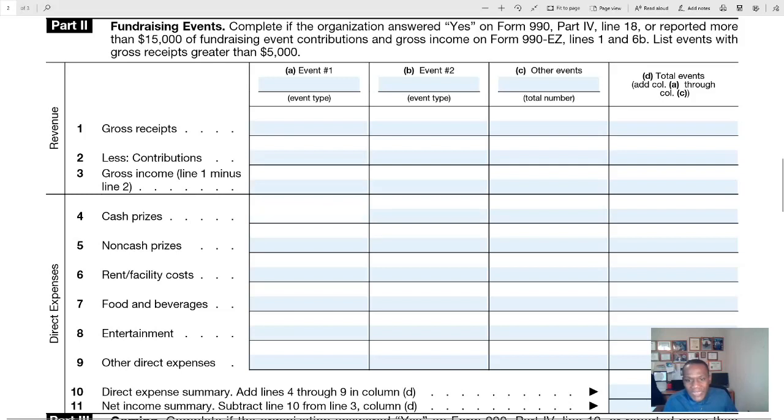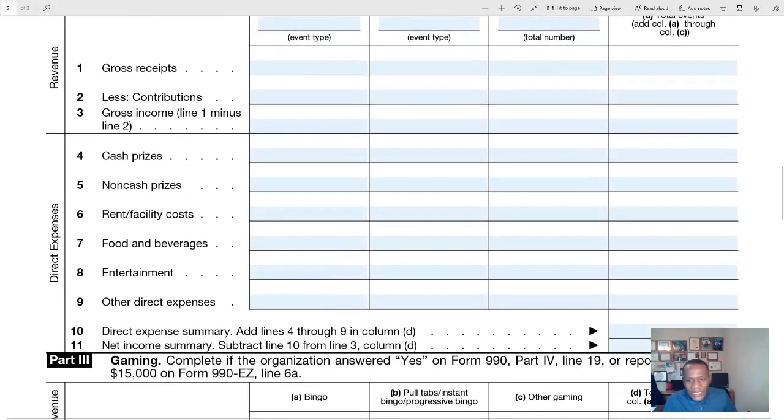And also cash prizes, non-cash prizes, rent, facility costs, food and beverages, entertainment, and other direct expenses. Then, as it says, direct expense summary: add lines 4 through 9 in column D. That would give you the total expense.